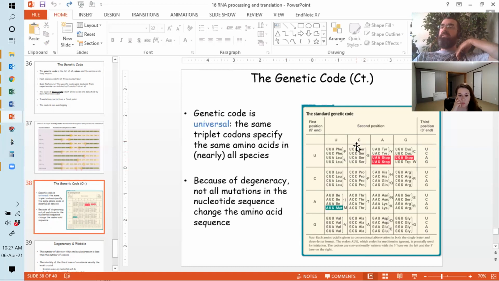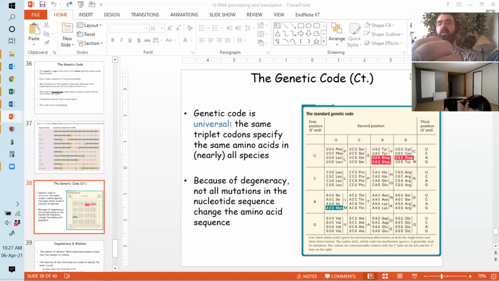So essentially that means the third base does not matter. And that's what we mean by degenerate. So essentially, multiple codons can equal one amino acid. And that's what we mean by a degenerate genetic code.